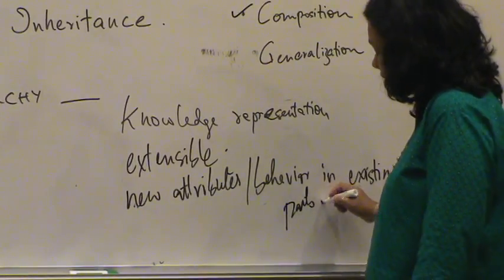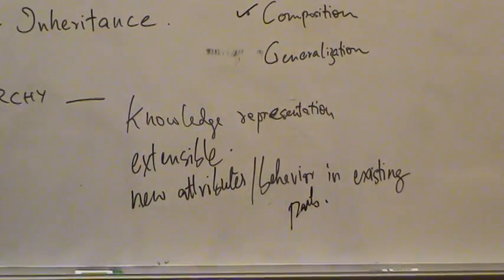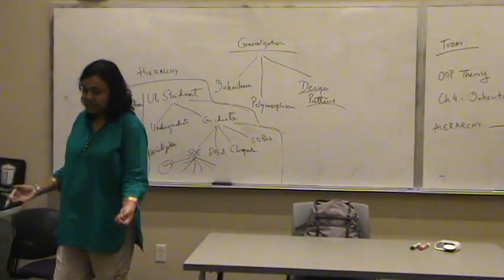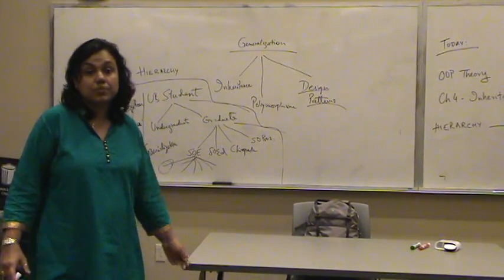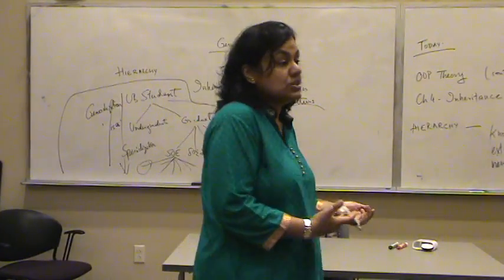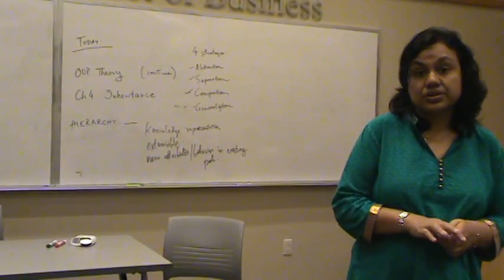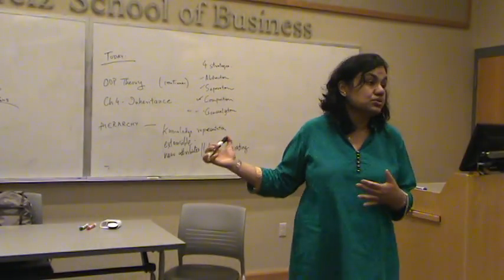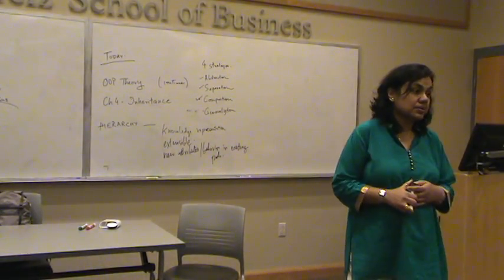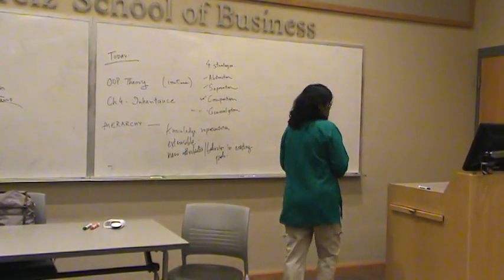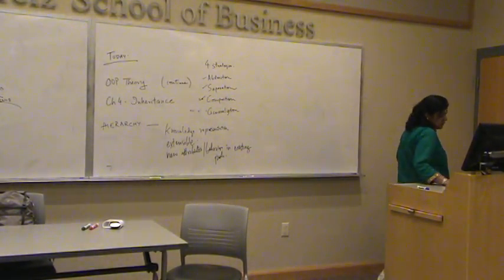So if you decided that a master's student in computer engineering could do something more than what he or she has been doing till now, you want to add a behavior to it, then you should be able to do that. Okay? So those are the desirable properties of a hierarchy.